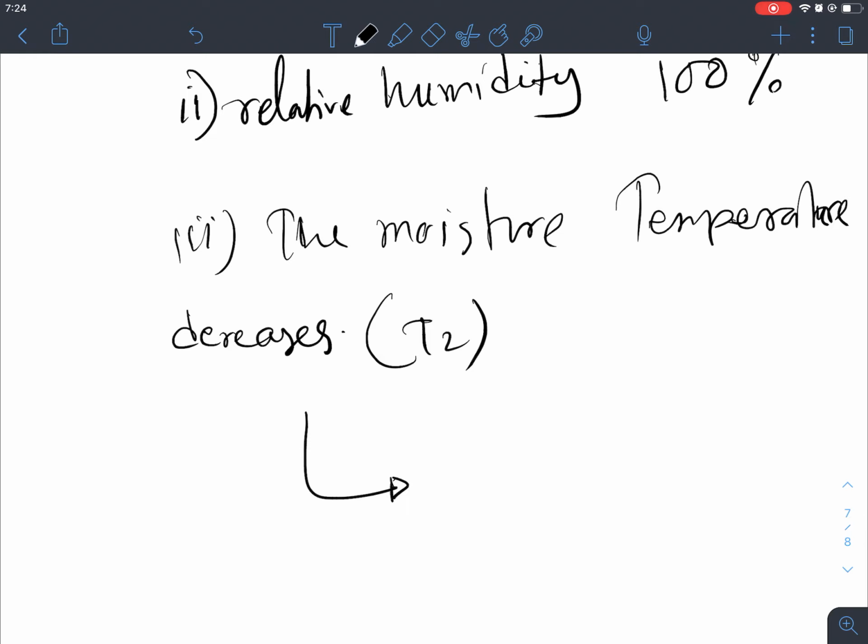And that temperature is nothing but T2. So this decreased temperature is known as the adiabatic saturation temperature.